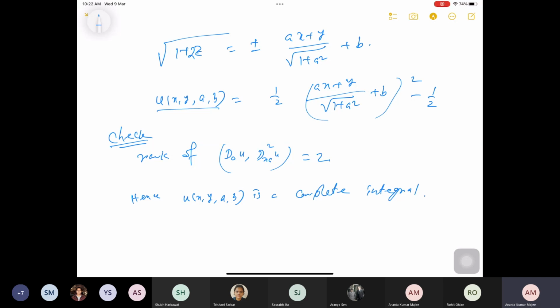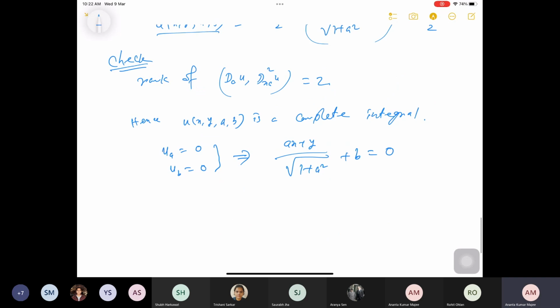Okay, so now if you try to find your envelope, you need to eliminate a and b from the equations u_a equal to 0 and u_b equal to 0. So you check that u_a is equal to 0 and u_b is equal to 0. This gives (ax plus y) by root of 1 plus a squared, plus b, equal to 0.